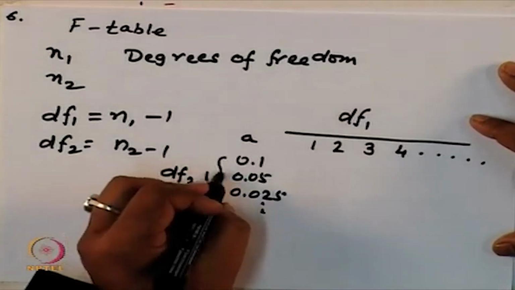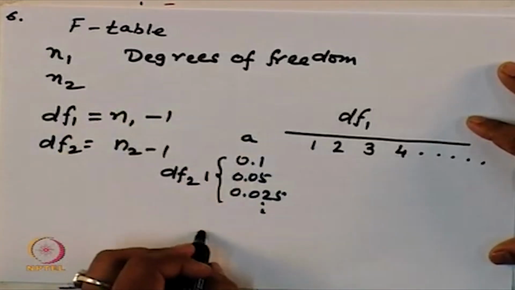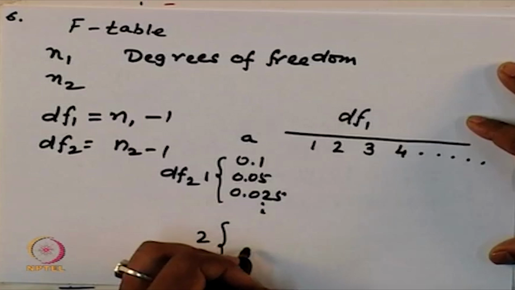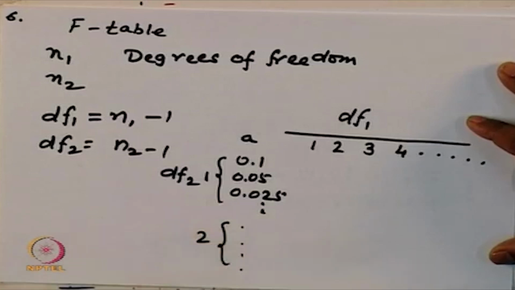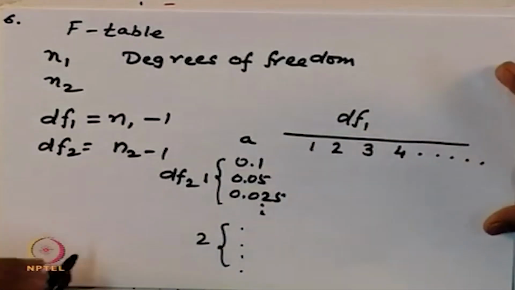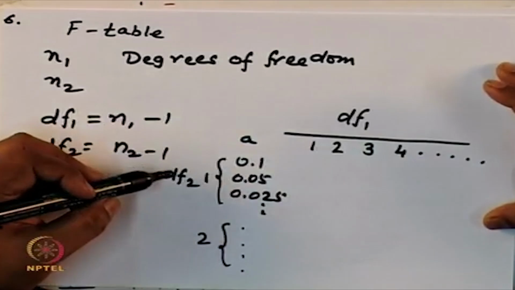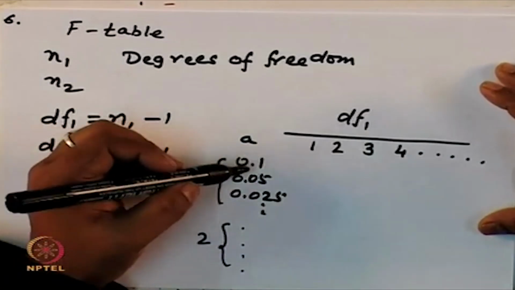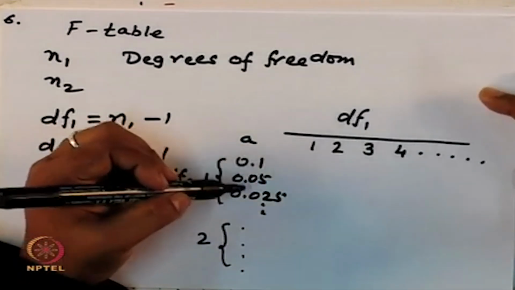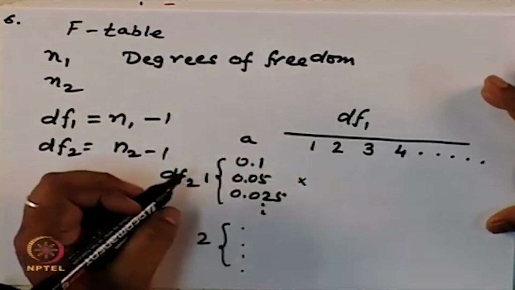So, this is one value corresponding to df2 equal to 1, you have these values of A. Similarly, corresponding to df2 you will have various other values of A. So, these are your significance levels. The way to look up the table is find out what is df1, find out what is df2, and see, corresponding to the value of A at the desired level that you want, what is the value of alpha.